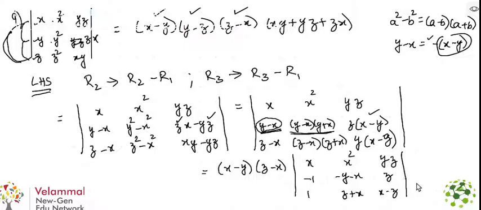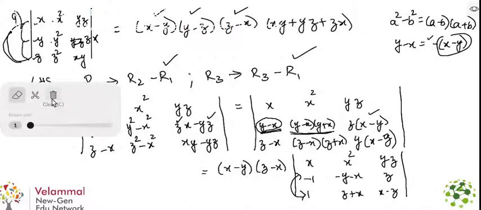Now, I can apply the expansion. Yes, because I have applied the property 2 times. It's enough. But I'm going to apply it once more because I know when I add these two, it is becoming 0. So I'm going to apply R3 changed to R3 plus R2, because minus 1 and plus 1 was there.